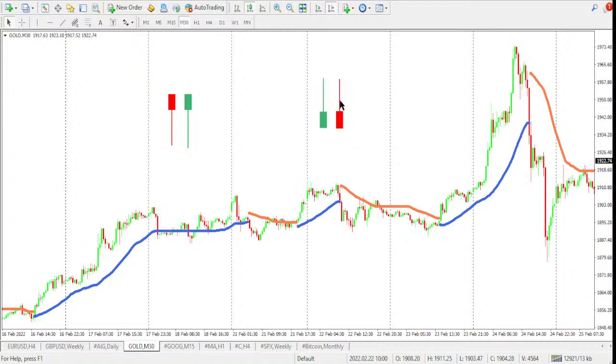Like that. So either you have a pair which looks like this. If you have a candle which has a very small body but a long tail, it's red in color, or you have a candle which looks like this but it's green in color, this is a bullish pin bar candle.